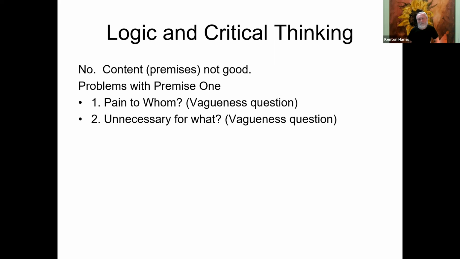And you go, well, look, they didn't say it's unnecessary for beef stroganoff. Fair enough, but they didn't say unnecessary for what? To say something is unnecessary requires further specification. So that should be one of those words where a little bell goes off in the back of your head that goes, for what? What is unnecessary? So there's a vagueness question.